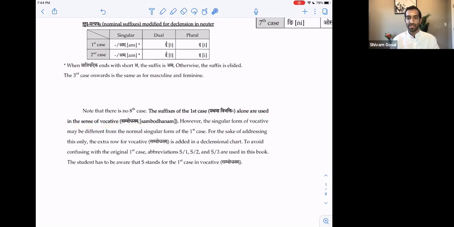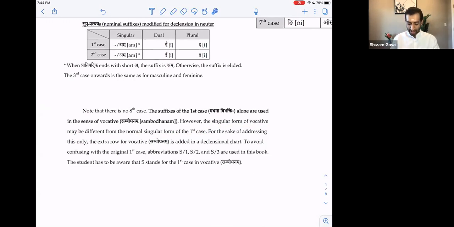Okay, so Sambodhana is just a slight differentiation of first case. That singular form of the Sambodhana may be different from the normal singular form of first case. So 1-1 and Sambodhana 1 might be slightly different.